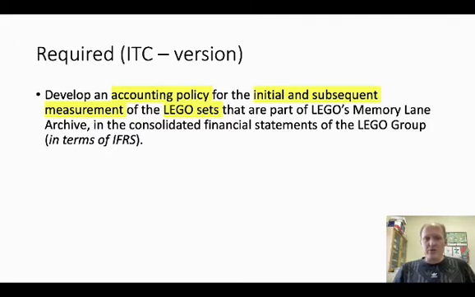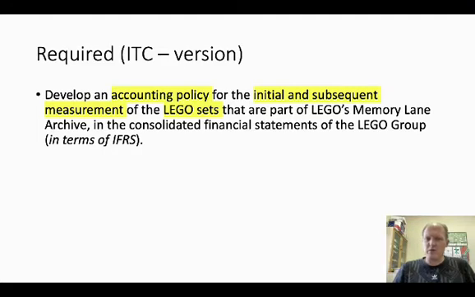The first draft of this case, when we set it up, also stopped at this point. But because you're new to IFRS and you're still growing into IFRS, we gave you some additional guidance. But before I go into additional guidance, let's just think a little bit about what could be at stake here. Accounting policy. Right, what standard do you know that deals with accounting policies? It's IAS 8. So without any other guidance in this question, I've already realized IAS 8 is something I might need to think about.